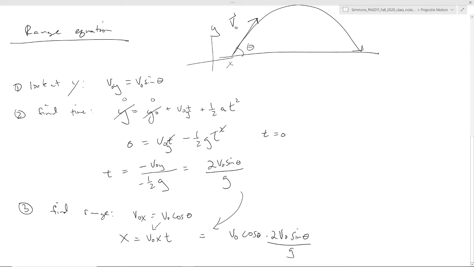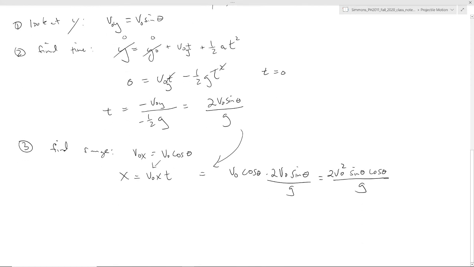And you can see some of this would simplify a little bit. This would become 2 v naught squared sine theta cosine theta over g. So this is a function for the range. Let me write this as a function. This range depends on, what does it depend on? The initial velocity v naught and the angle.